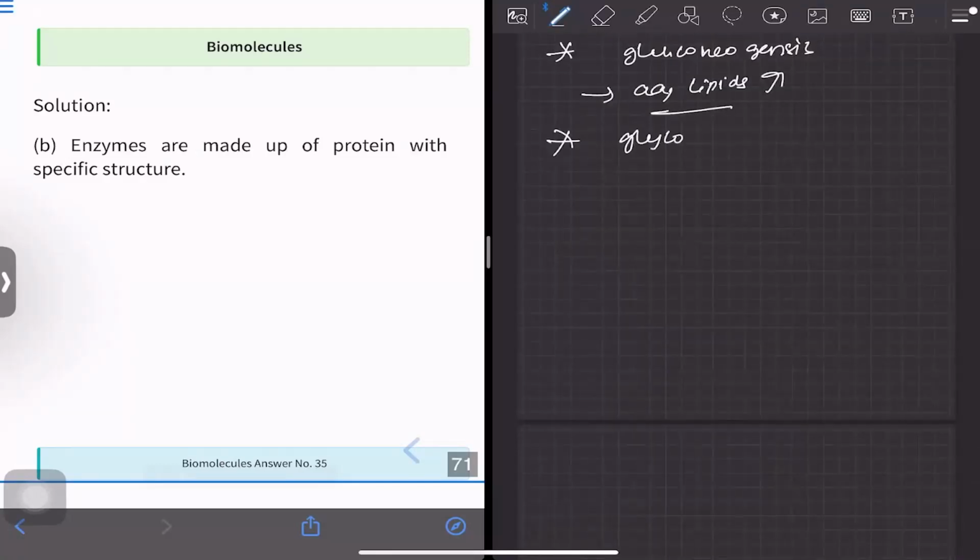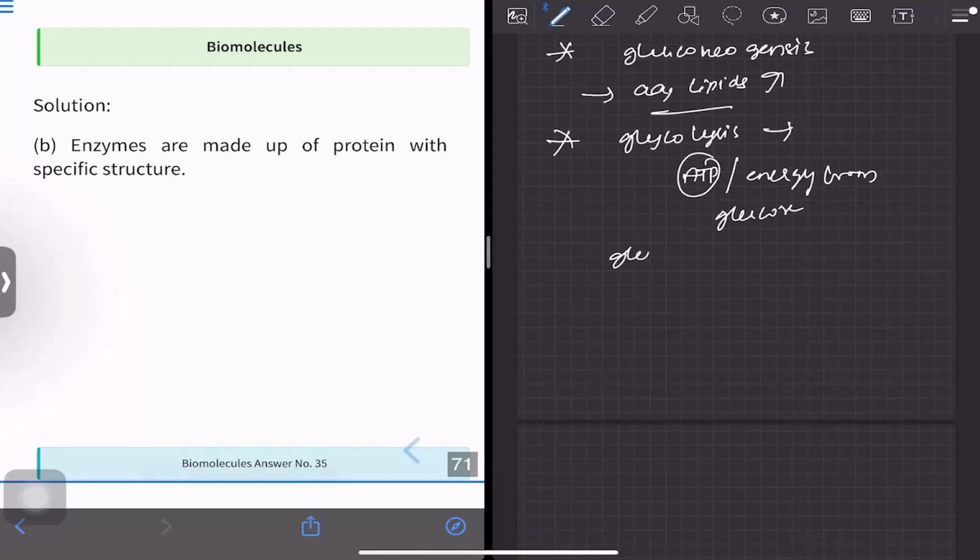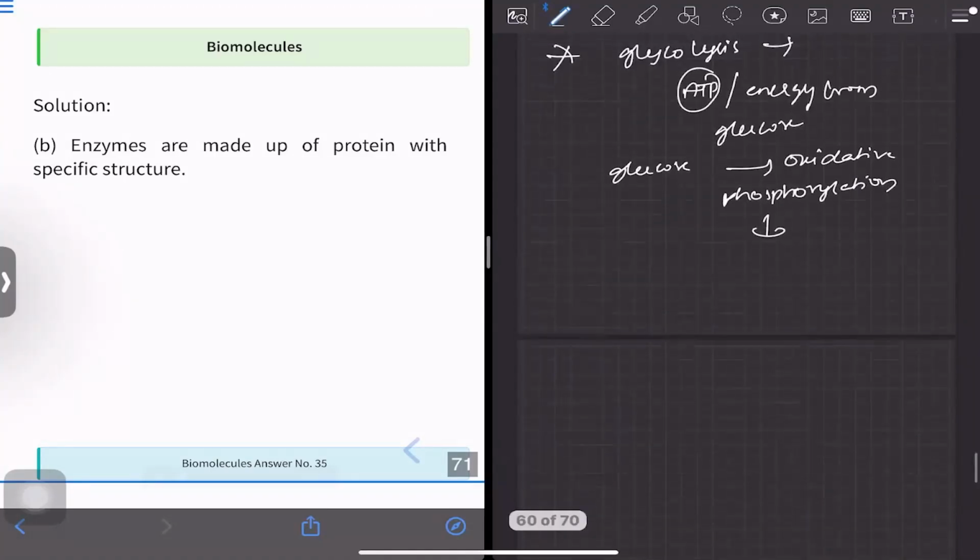Glycolysis is production of ATP or energy from glucose. Glucose undergoes oxidative phosphorylation to produce ATP.